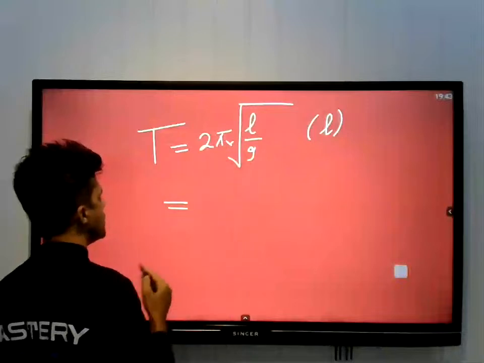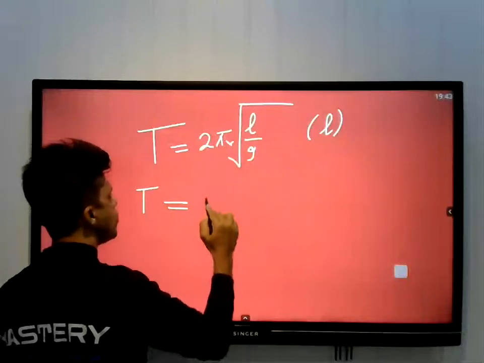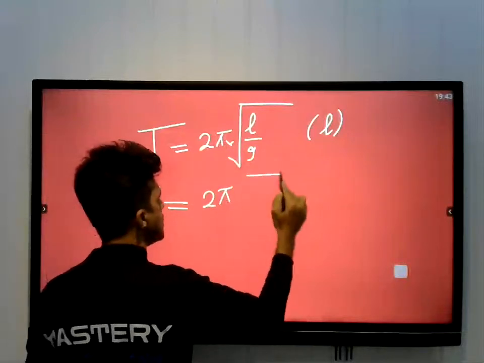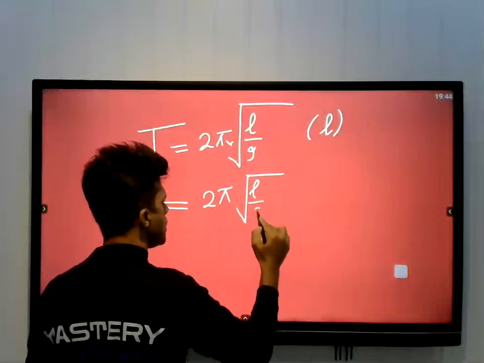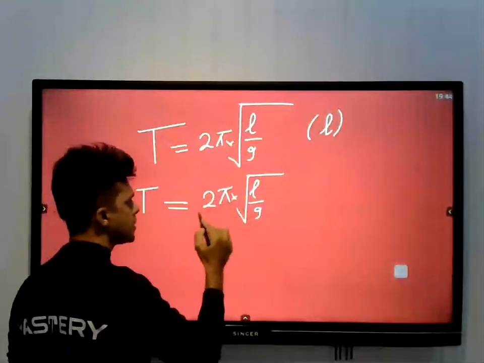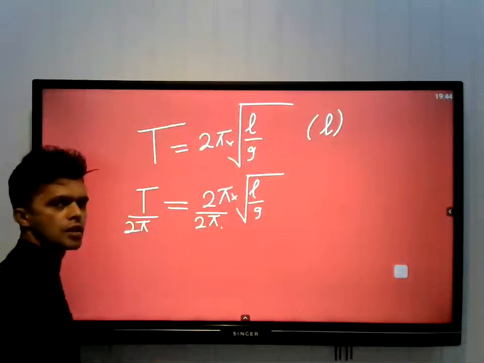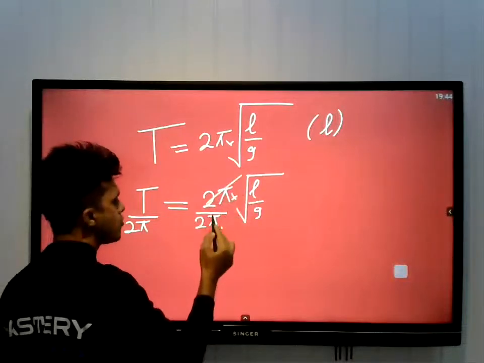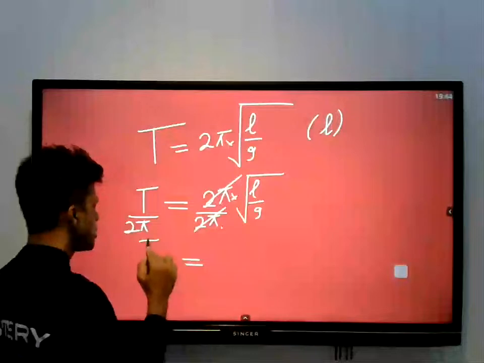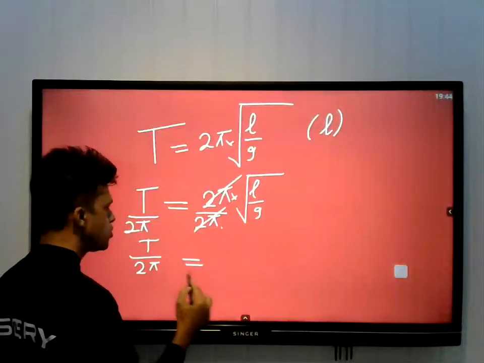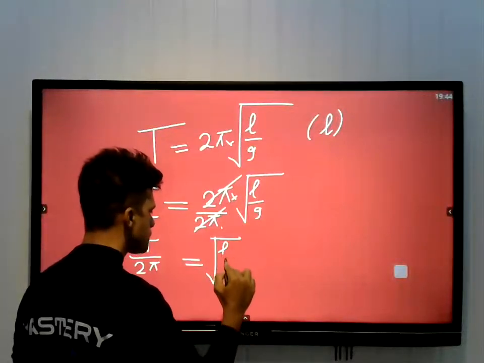Here is multiplication. First, you need to divide both sides by 2π. I will explain you the reason. Both sides are divided by 2π, so 2π and 2π can be removed. So t over 2π equals root L over g.